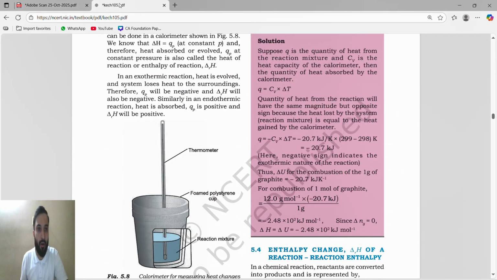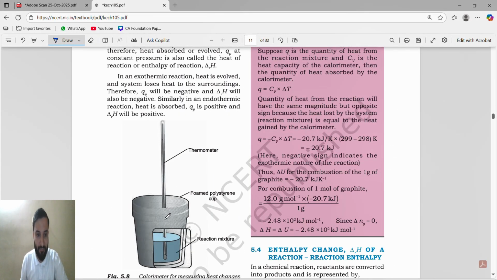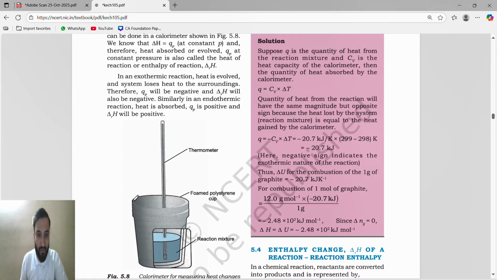So the coffee cup calorimeter looks like this. First of all, we have this outside cup, that is called a polystyrene cup. Inside that we have another, smaller cup, in which we will put the reaction mixture.